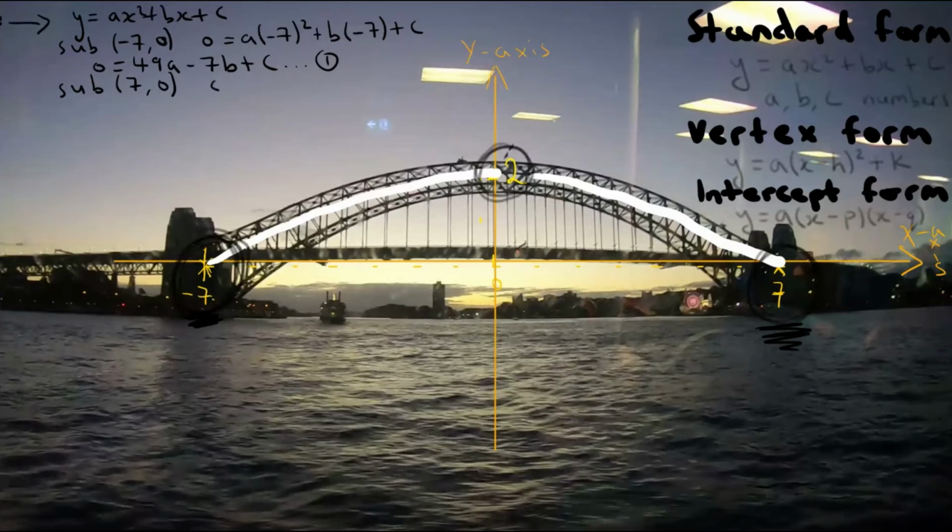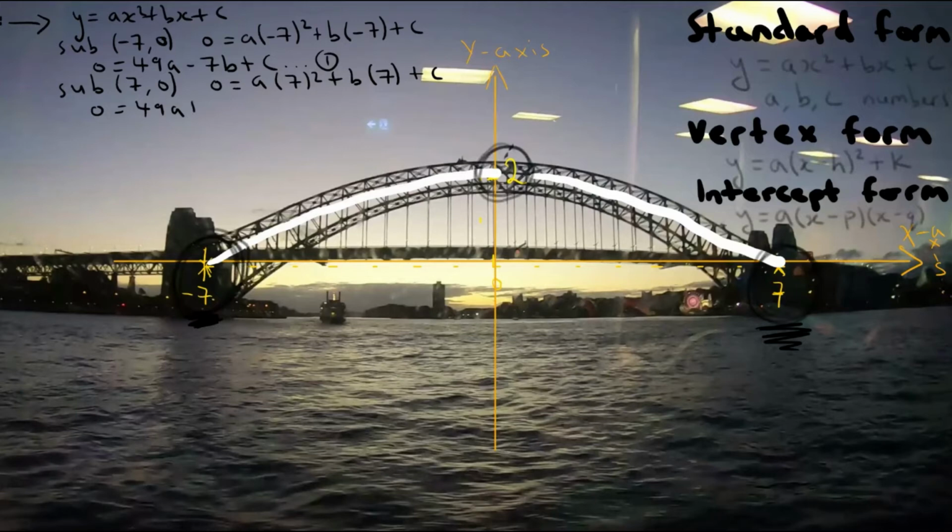So we have 0 is equal to a, this time 7 instead of minus 7, 7 squared plus b times 7 plus c. Simplifying this again, we have 0, again 7 squared just like minus 7 squared is 49a plus 7b.